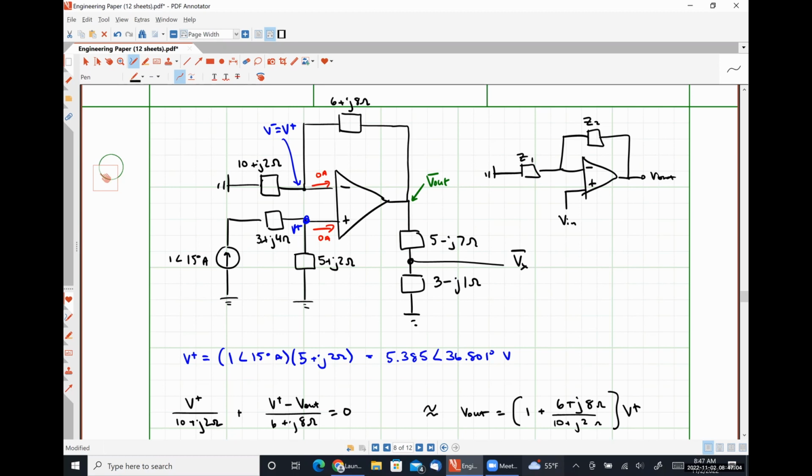I looked at this and said, that part of it is a non-inverting amplifier, and a non-inverting amplifier behaves using this relationship, which we discussed in class.